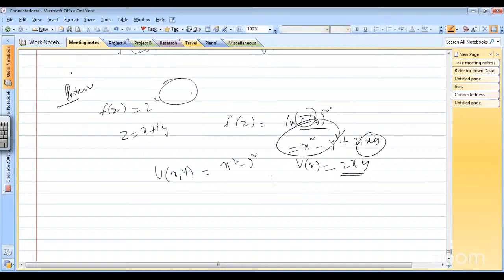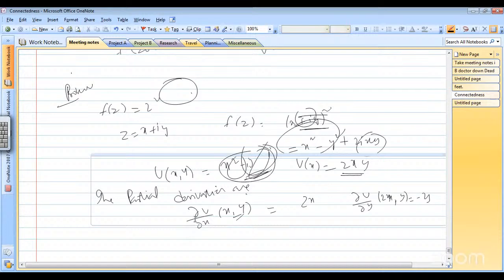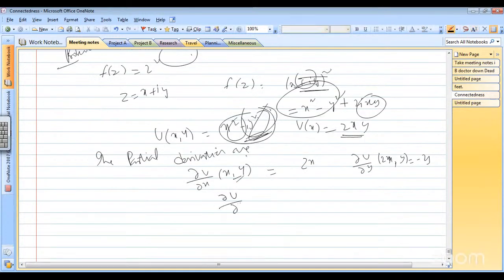So the partial derivatives we are taking here: ∂u/∂x at (x, y) is 2x, since the partial derivative is only in x and y is treated as constant. ∂u/∂y at (x, y) is minus 2y, because this is 0 and this is minus 2y. Then ∂v/∂x at (x, y) is 2y, and ∂v/∂y at (x, y) is 2x.